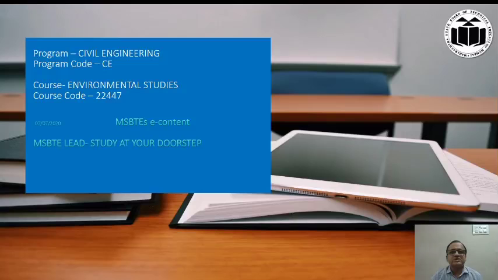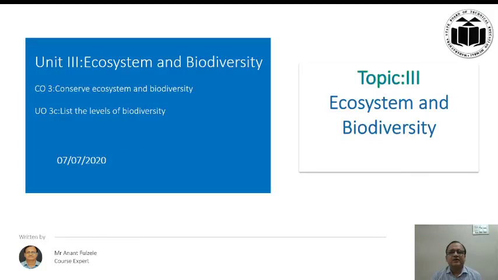Today's subject of discussion is environmental studies, whose course code is 22447. The topic of discussion is unit number 3, that is ecosystem and biodiversity. The relevant CO, that is course outcome, is conserve ecosystem and biodiversity.